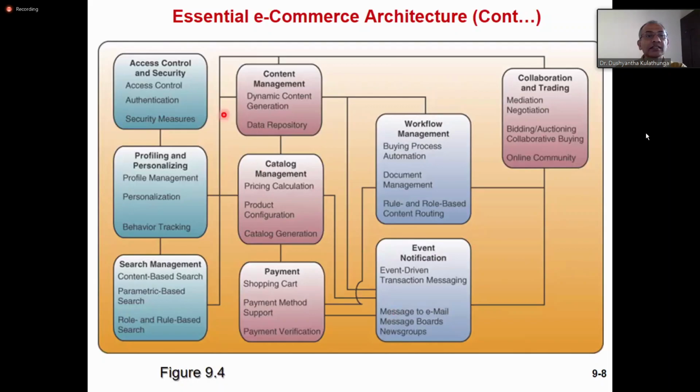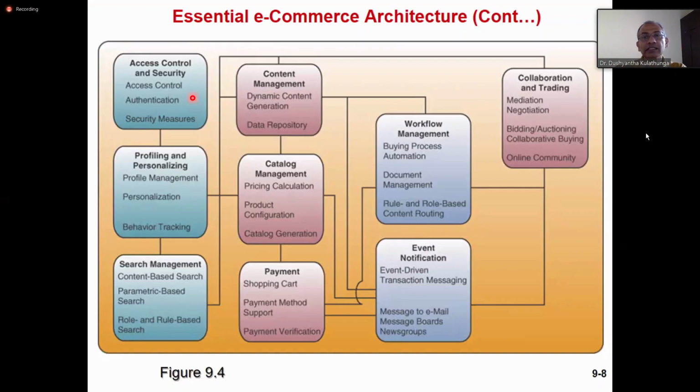If we just think about, say, access control and security, we are going to discuss it in detail. It primarily focuses on controlling access to e-commerce systems. Controlling access to systems is relevant for internal systems as well. We want to ensure that only the authorized personnel within the organization can access our internal systems.